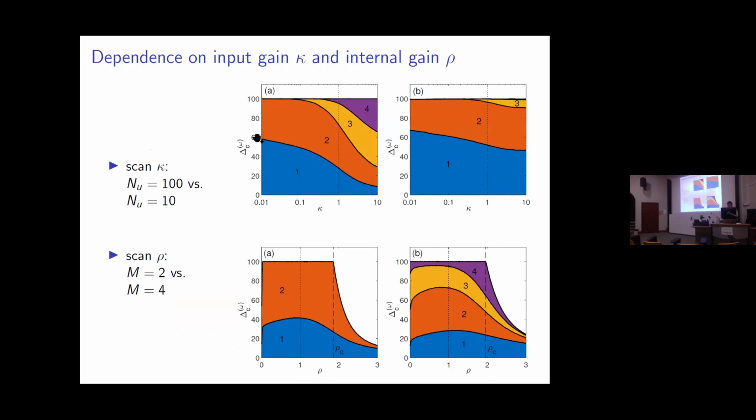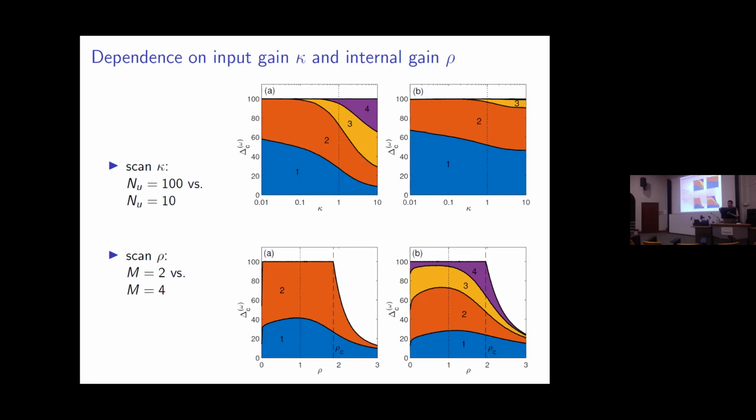Whereas at the opposite end, you would expect that as kappa, the input gain, goes to 0, you're operating just in the linear response regime around the stable fixed point. That means in linear response, you can only have first order capacity because there's no mechanism that generates mixed dependence. Interestingly, this happens, but it seems to happen at surprisingly low values of this input gain.